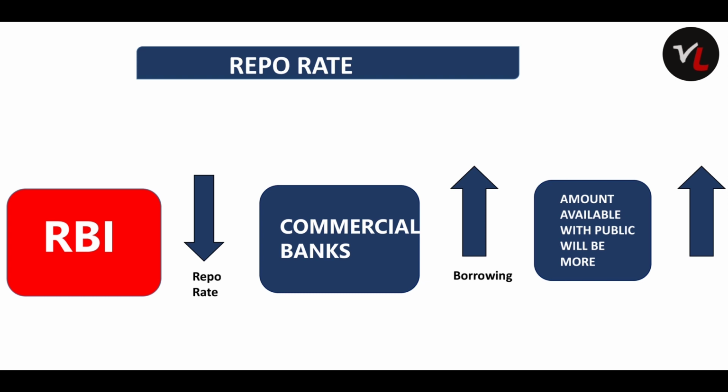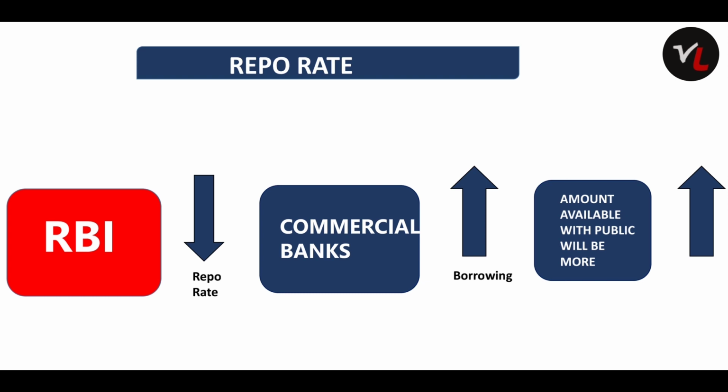Now let us check out what will happen if RBI reduces the repo rate. Commercial banks will get more money because the interest rate provided by the RBI is less. So the amount of money borrowed by the commercial banks from RBI increases because of the reduced rate. Subsequently, commercial banks will lend more money to the people.